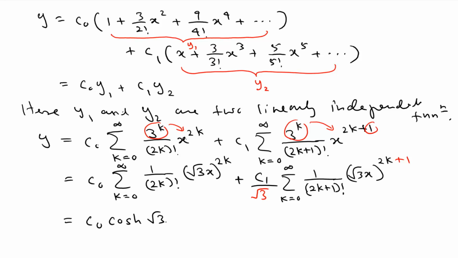square root 3x plus this is c1 over square root 3, that's still just a number, sin square root 3x, as we know. So that's exactly what we expected, because we already know this solution.